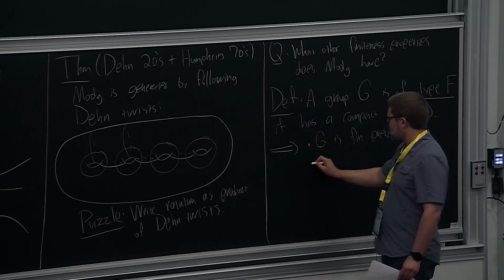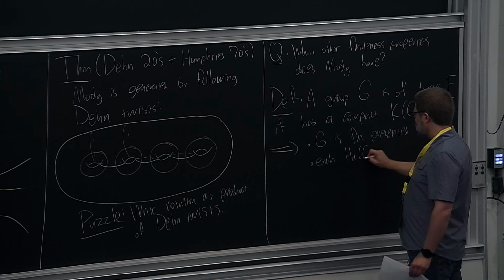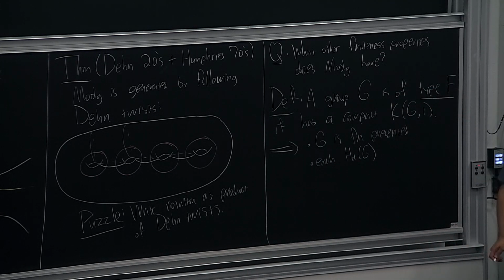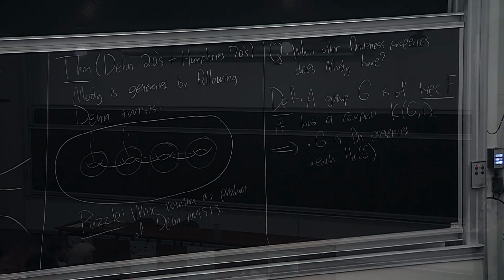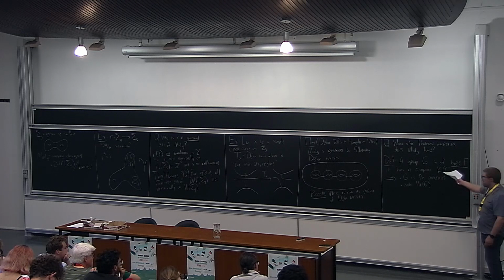It implies that each homology group of G, by the way, the homology groups of a group are simply the homology groups of a K(G,1). That's all I mean by the homology. When I talk about group homology, I don't mean some esoteric thing in homological algebra where you take Tor or something like that. I really mean just the homology of a K(G,1).